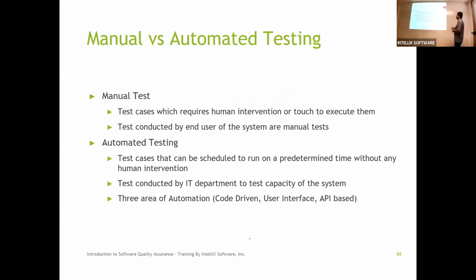So how do you define manual versus automated testing? A manual testing is something which requires a human interaction in order to execute the test case. Versus automated testing, I don't need any human. I can schedule it and it will run on its own.